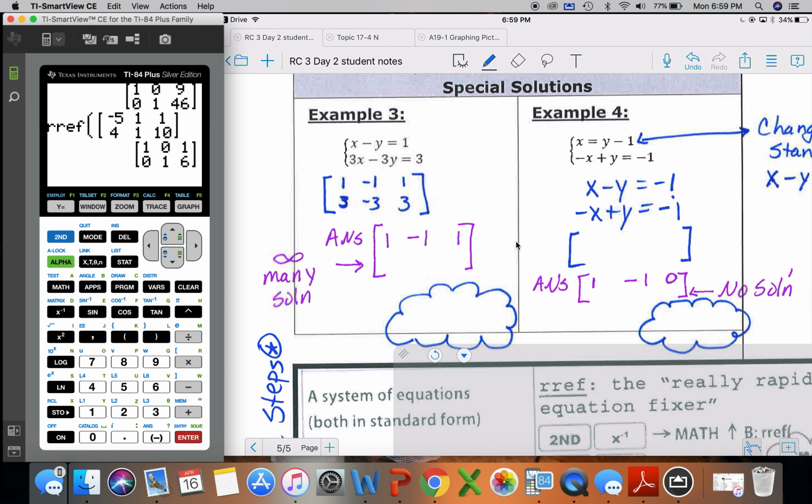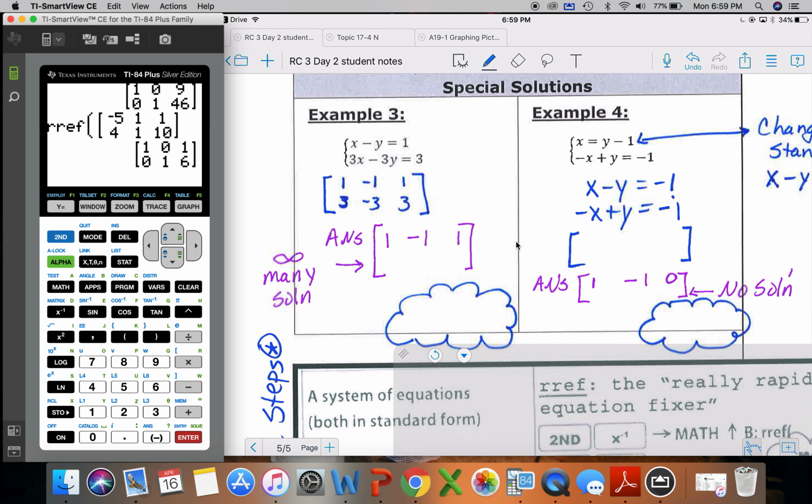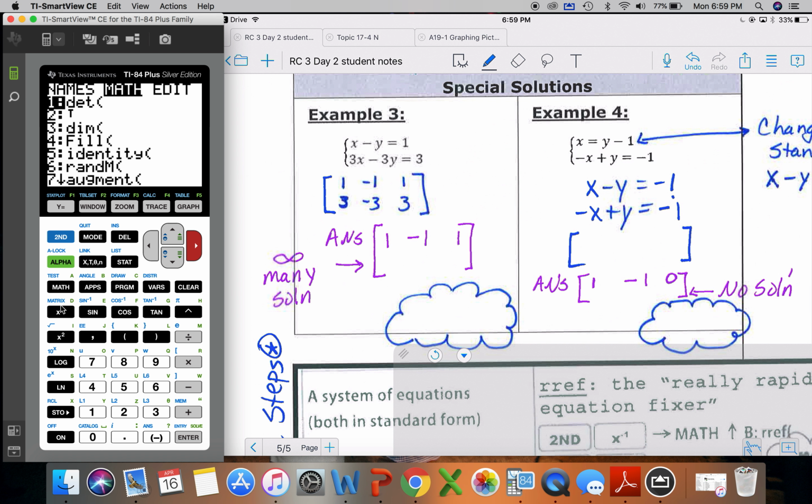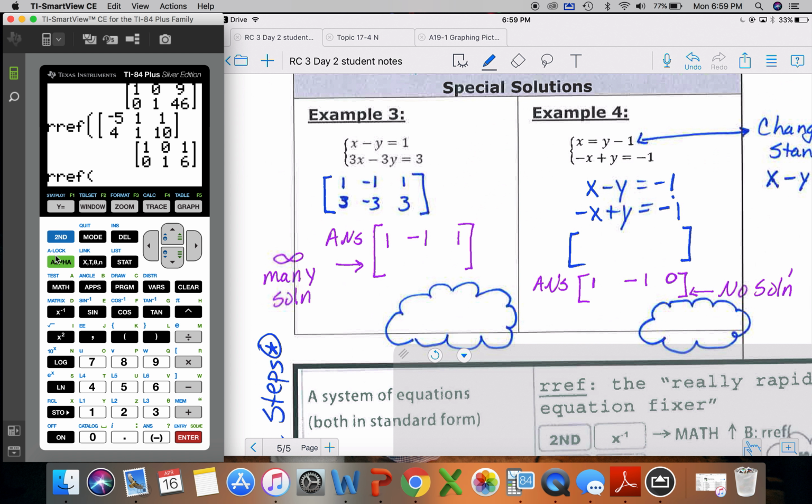Okay, now we have 2 last problems left, and apparently when we complete them, we can see that these are not great things. They don't work nicely. So we're going to go through the steps because the matrices are already set up, because I want to review this with you many, many times. So second matrix math, scroll up to B, enter, alpha, zoom, okay.